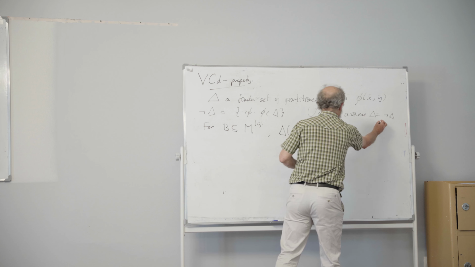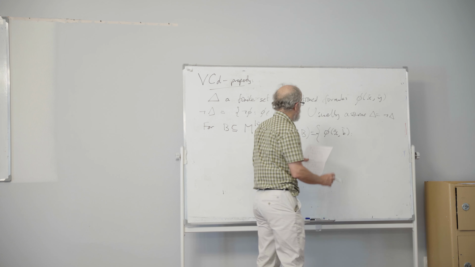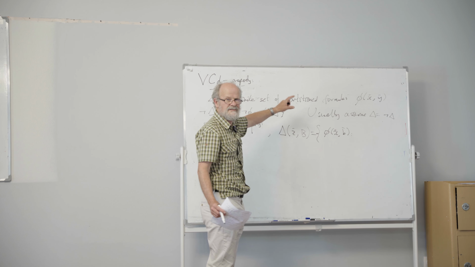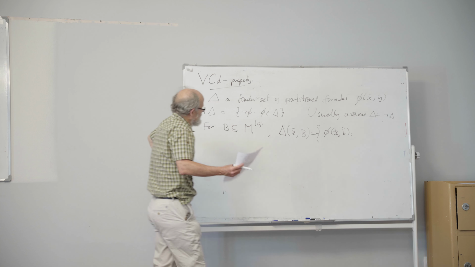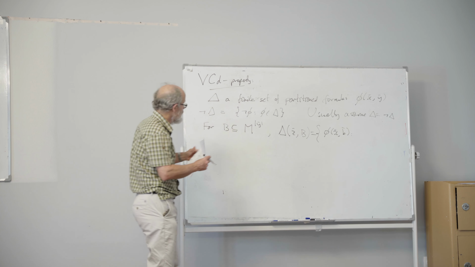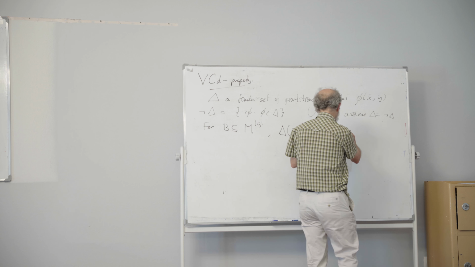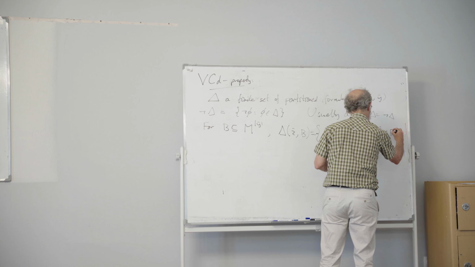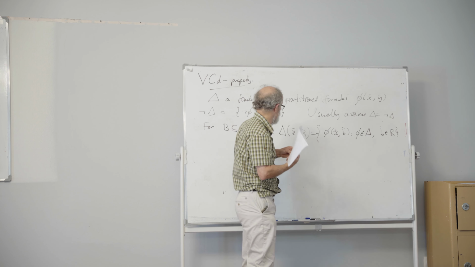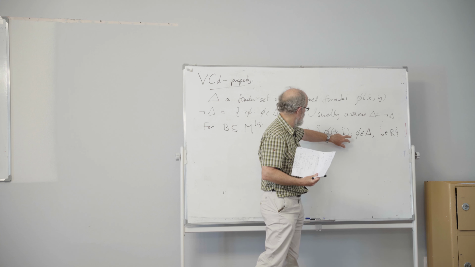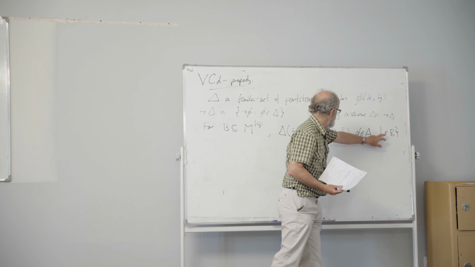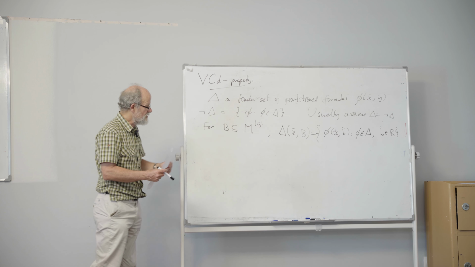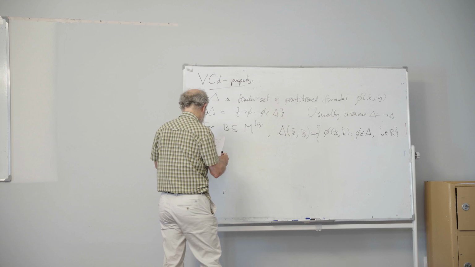It's just a convenience. So delta(x, B) is just the set of all formulas phi(x bar, b bar), phi in delta and b bar in B. That's just notation. Remember, B is a set of tuples.